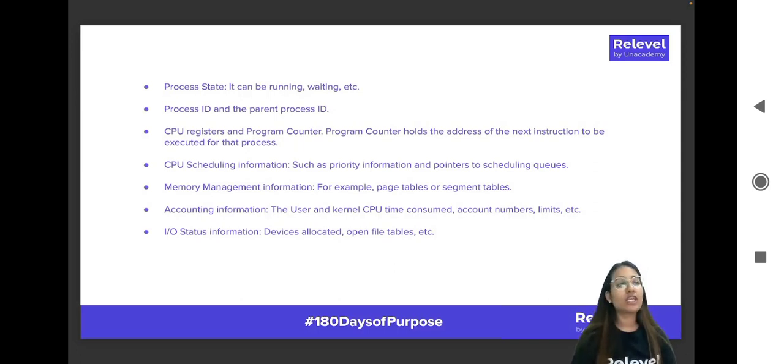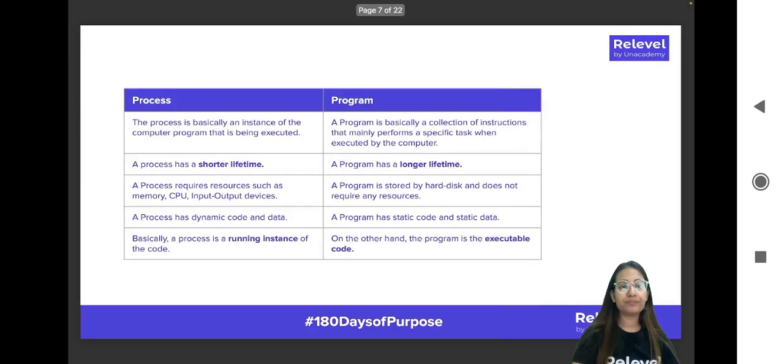Along with that, when executing a process, you store how many resources the CPU took up, the maximum time it took, and the account numbers. All that goes into accounting information. And the last one is the external input output devices allocated to your process, which are stored here. So this forms our information about the process control block.